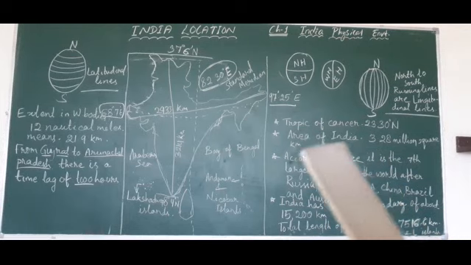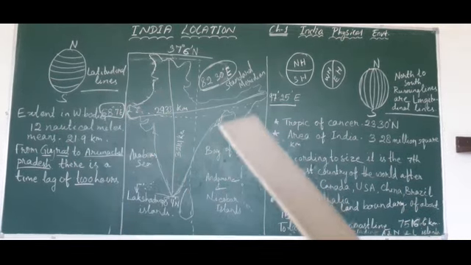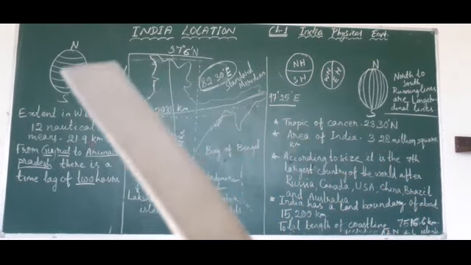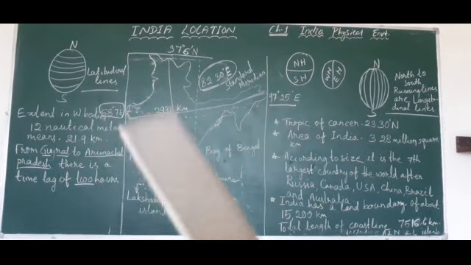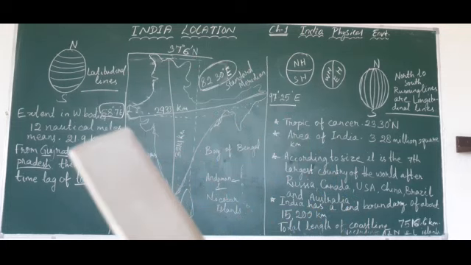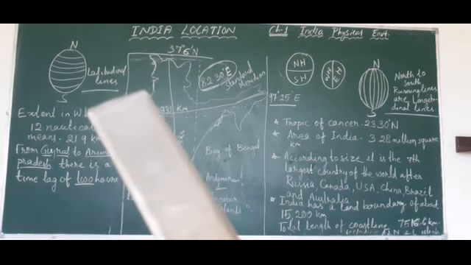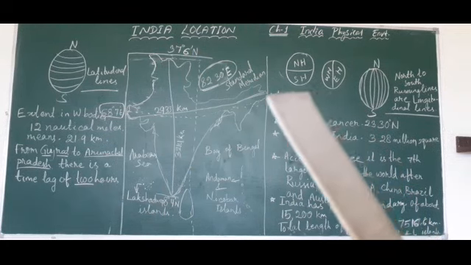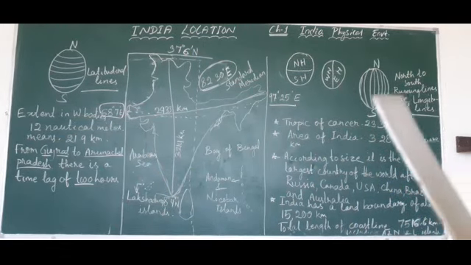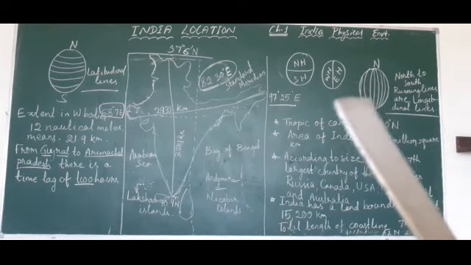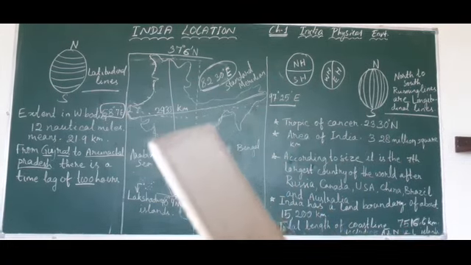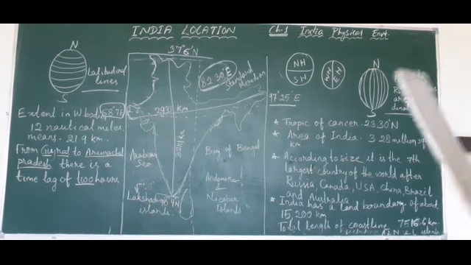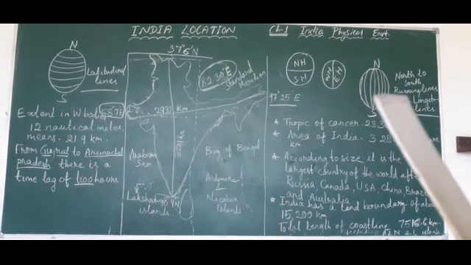India lies in the northern and eastern hemisphere, and on India's map, which latitudinal line and which longitudinal line India lies between is most important. These lines are used to know the location of a place and the time. That is why these imaginary lines are there.